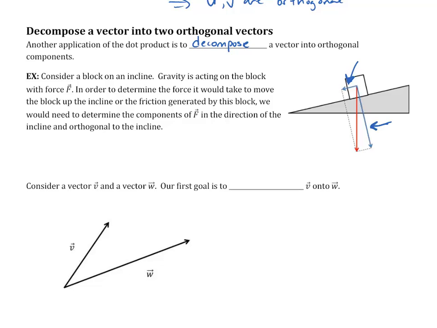Again, taking the vector for gravity and finding out how much of that force is acting in the direction parallel to the incline and how much of that force is acting straight down, meaning perpendicular to the incline itself. So how do we decompose one vector into a component parallel to one vector and then orthogonal to that vector? Let's talk about that.